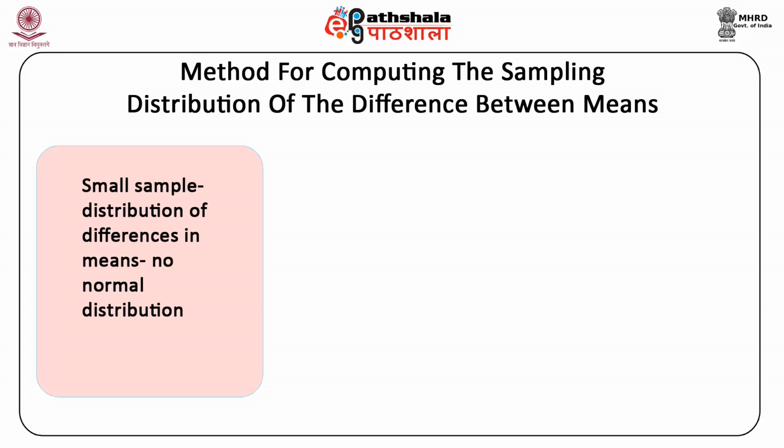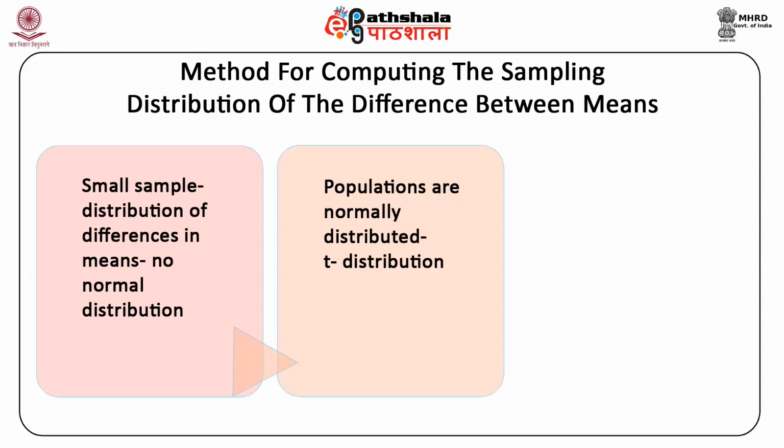Instead, when the populations are normally or near normally distributed and the population variances are unknown, then we must turn to the T-distribution.